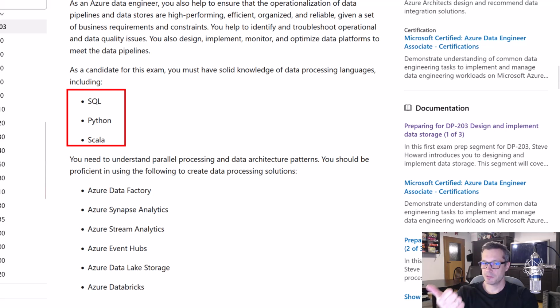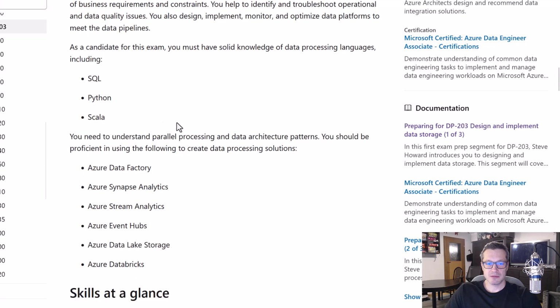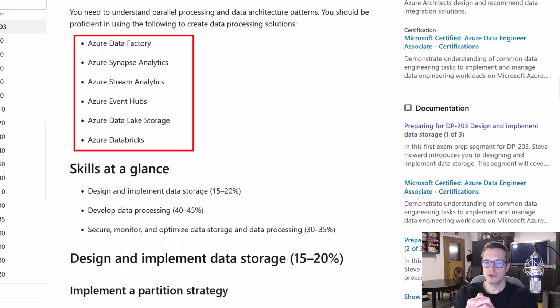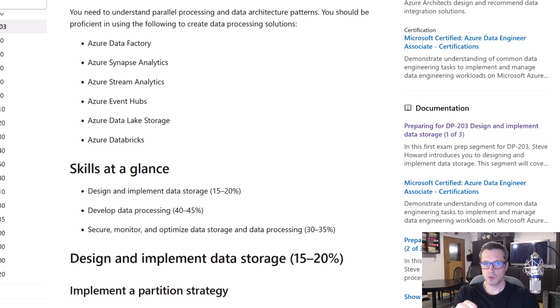So it is SQL, Python, and Scala. Alright, and when it comes to services that you have to know, those are those typical Azure data services. So we've got Azure Data Factory, Synapse Analytics, Stream Analytics, and even hubs for streaming data. And for storage, we've got Data Lake and Databricks for data transformations. So this is what DP-203 is all about.